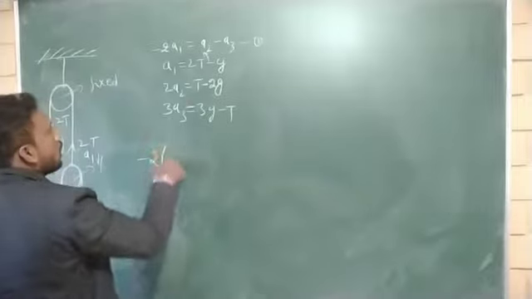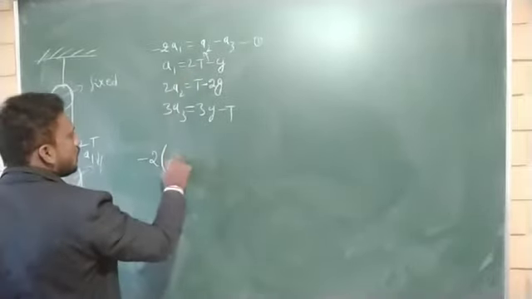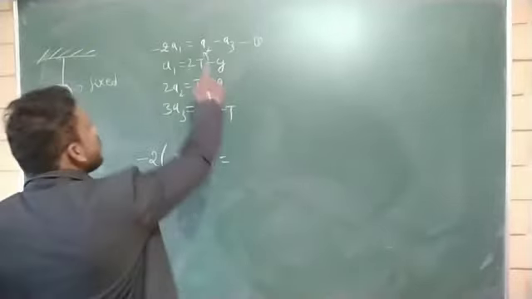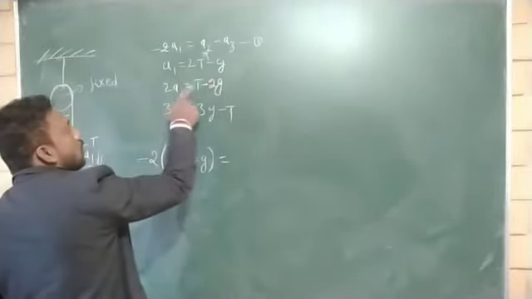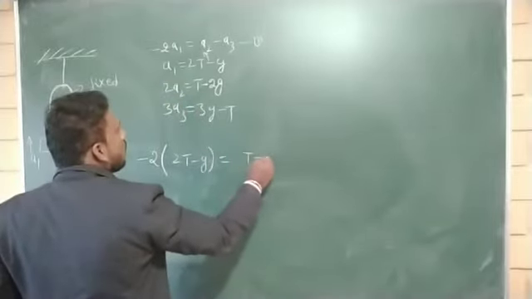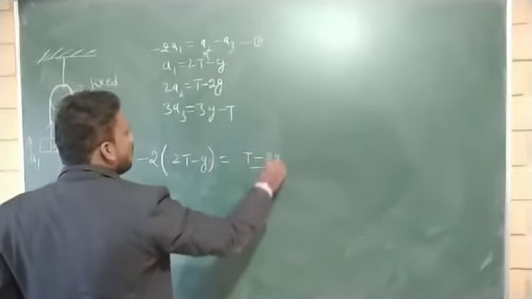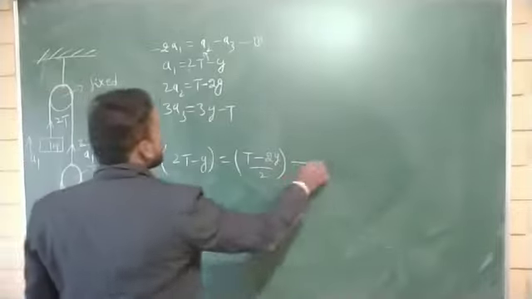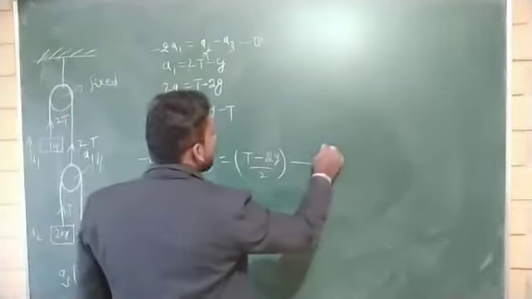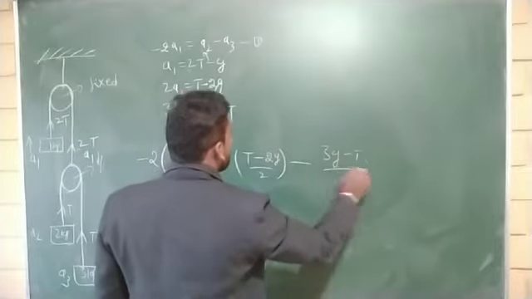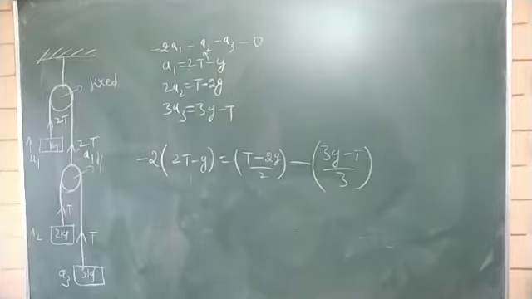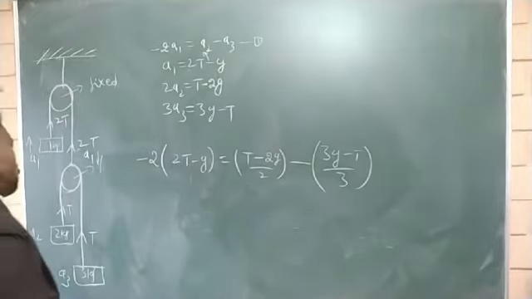Minus 2 into A1 value, which is 2T minus g, is equal to A2 value, (T minus 2g) divided by 2, minus A3 value, (3g minus T) divided by 3. Okay, now simplify. How to simplify?